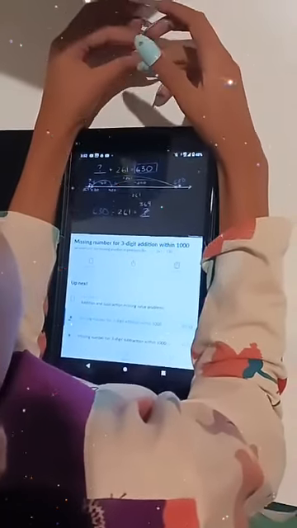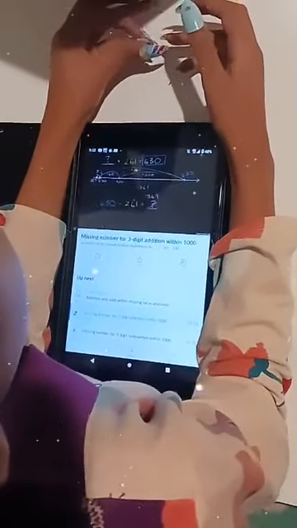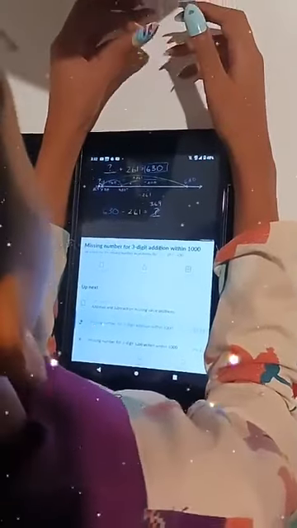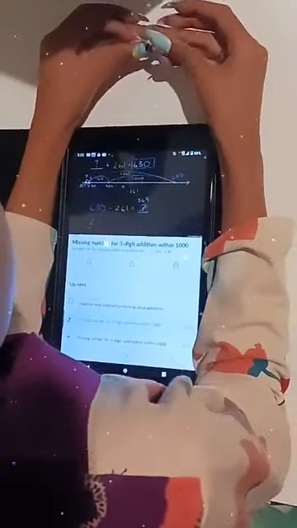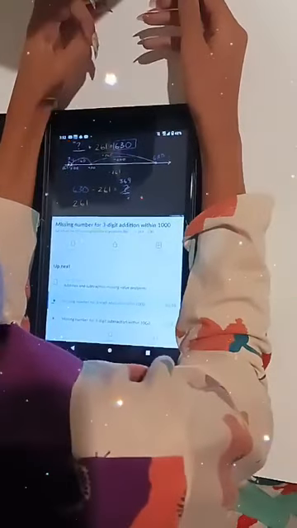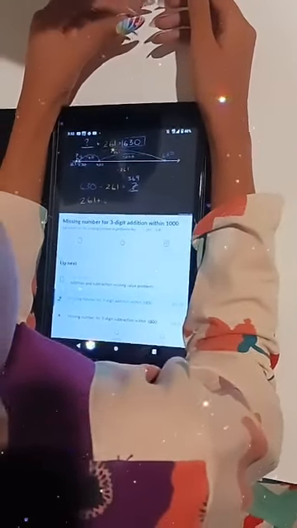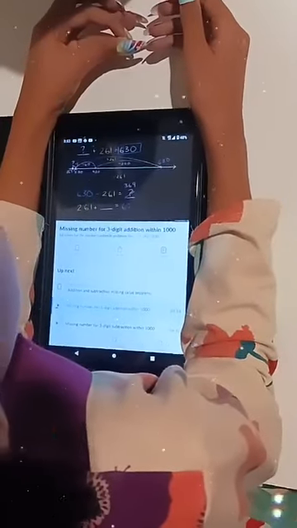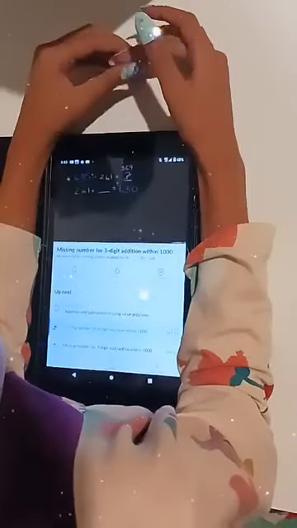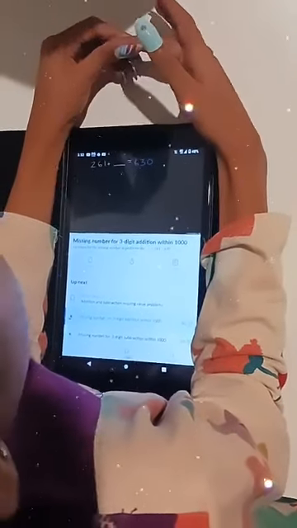369. Now another way we could have done it is we could have swapped the order. We could have said if blank plus 261 is 630, we could have said 261 plus blank is equal to 630. All I did is I swapped the order here, but we can visualize that as a different thing on the number line.